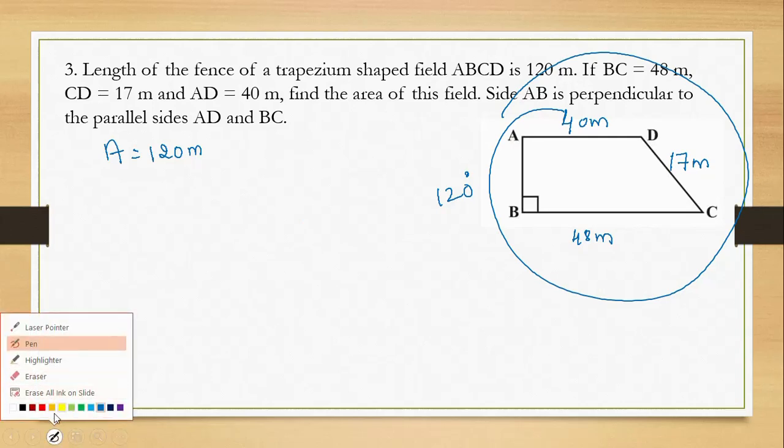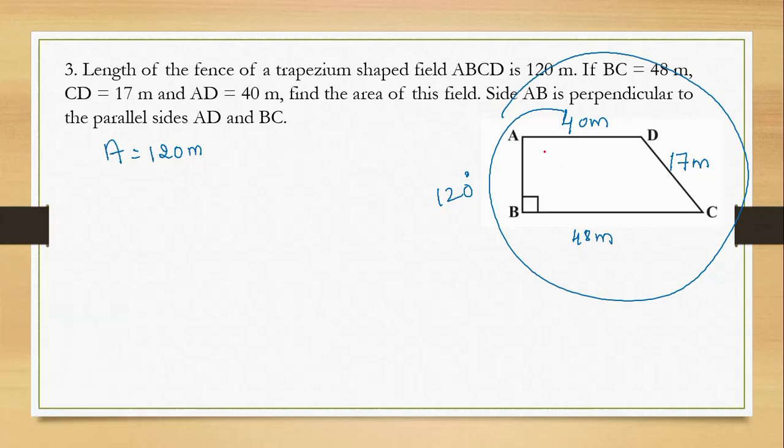See, they did not give the side AB, so we can find it easily by subtracting from 120 all these sides. So the sum of all these sides is, area of trapezium is equal to AB plus BC plus CD plus AD.